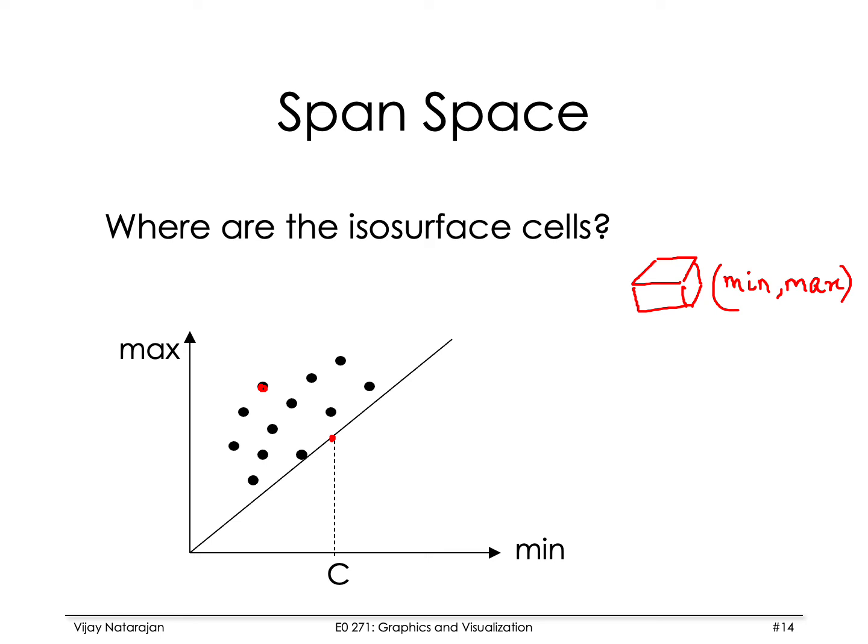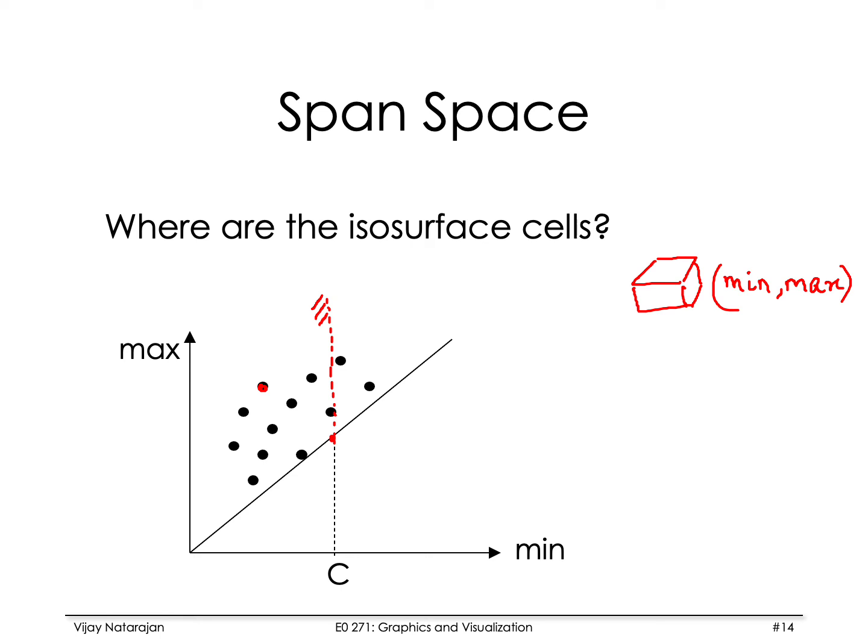The min has to be less than C. This corresponds to a half plane. All points to the left of this vertical line satisfy that condition.